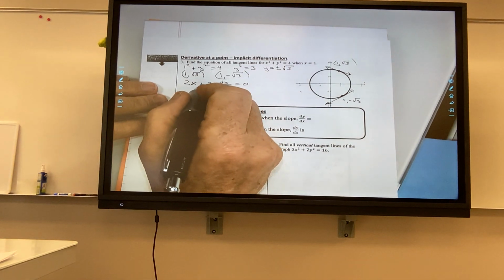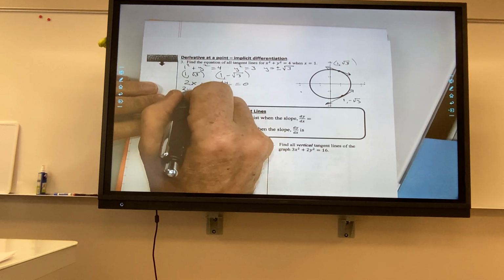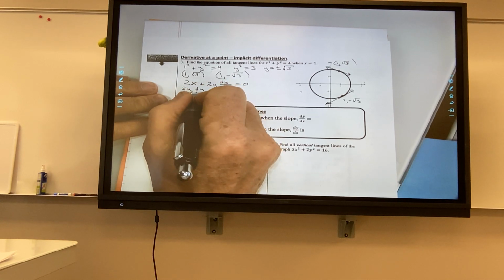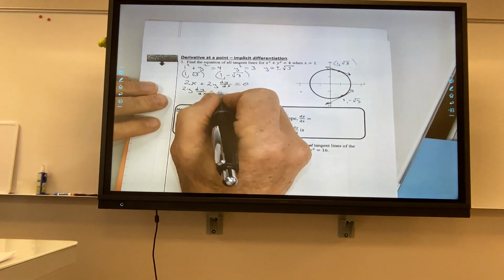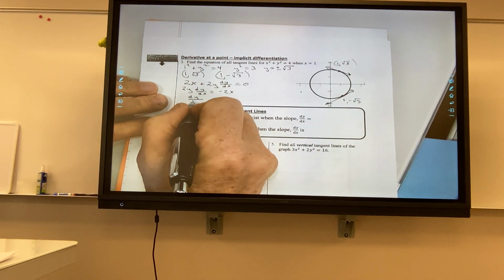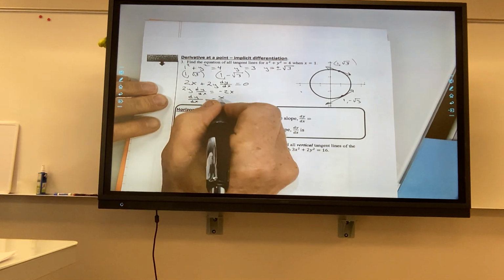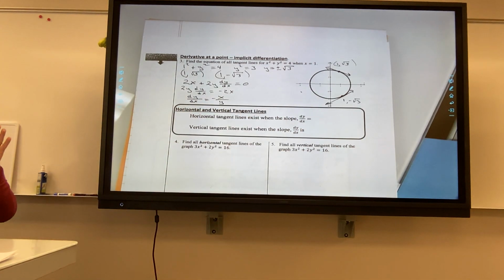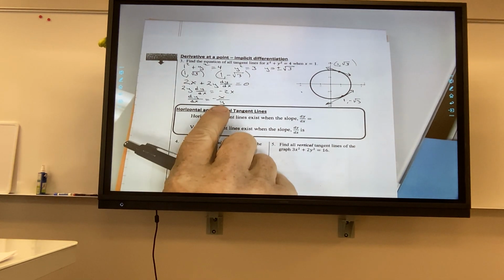I subtracted 2x, and then I divided by 2y to give me dy over dx equals negative x over y. Would everybody agree with that? Now, you know what I like about this? Remember before I had that square root thing? That's miserable. Isn't this nice and simple? But you need to know x and you need to know y.